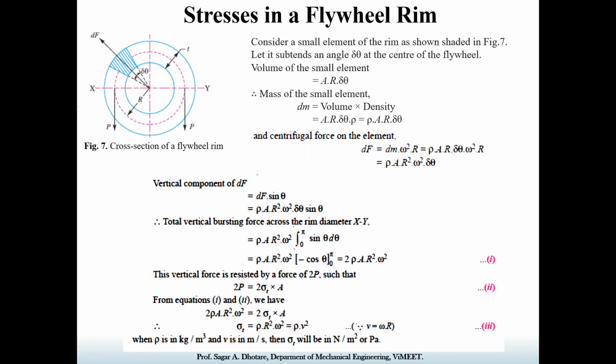Now the vertical component of that centrifugal force is dF into sine theta. So putting the value of dF, what we get is rho A R square omega square sine theta into d theta.